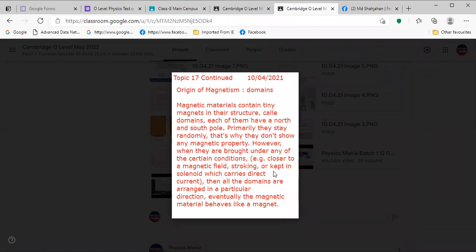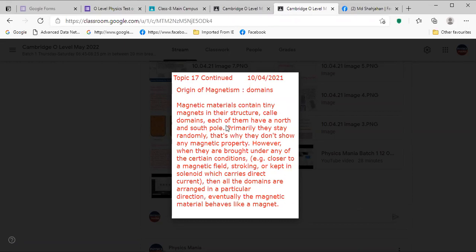You too. So we did it in the last class. Domains are tiny magnets. What are the basic structures of magnetic materials? Why are magnetic materials magnetic?